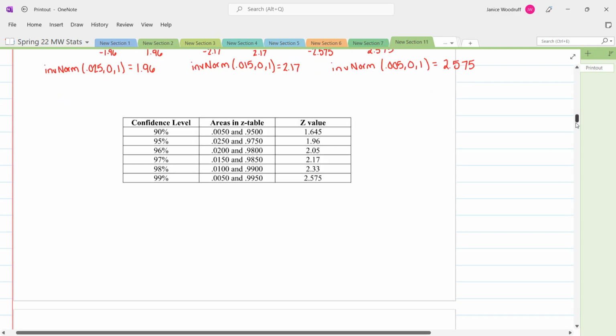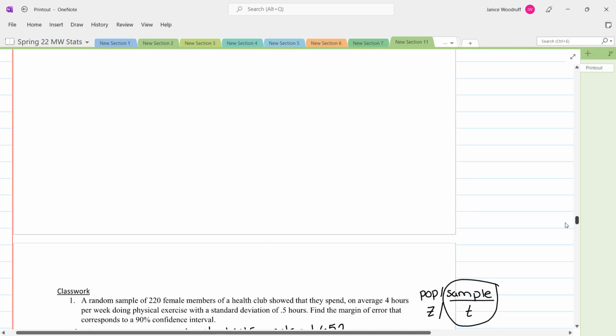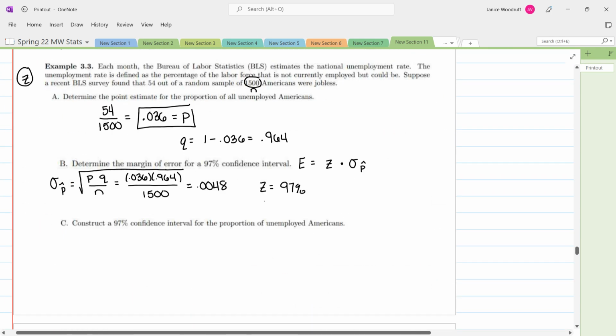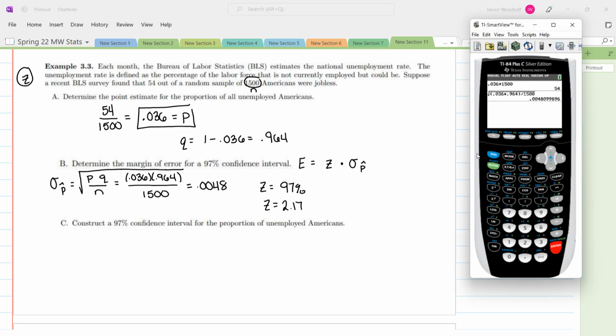Okay, or if we forget that, second distribution, inverse norm, area, we would have to do 1 minus 0.97, which is 0.03, divided by 2.